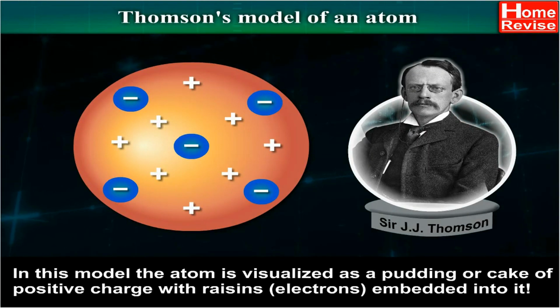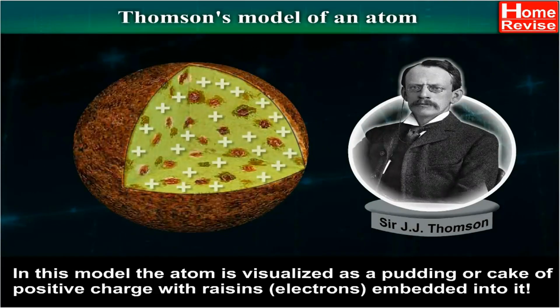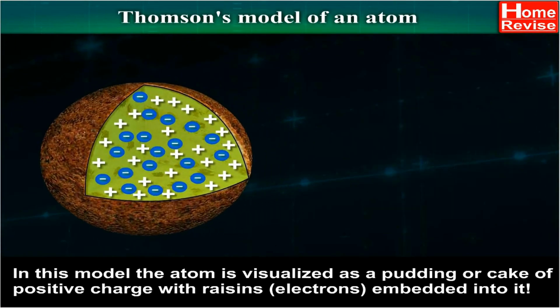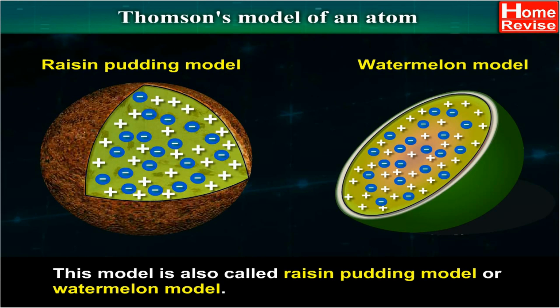In this model, the atom is visualized as a pudding or cake of positive charge with raisins, that is electrons, embedded into it. This model is also called the raisin pudding model or watermelon model.